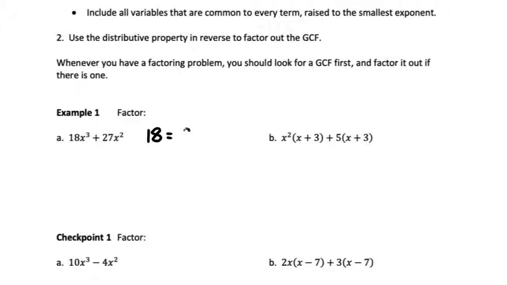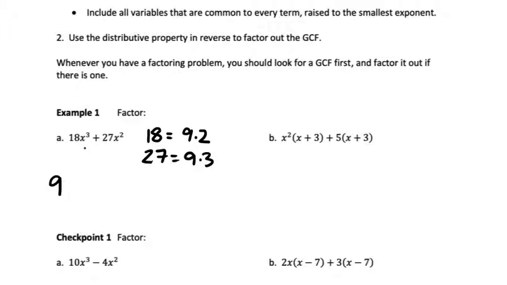Well, I know that 18 is equal to 9 times 2, and I know that 27 is equal to 9 times 3. So 9 is going to be the GCF because 2 and 3 don't have any other factors in common. So I could also factor out a 3. I know that both 18 and 27 can be divided by 3, but that's not the greatest factor that they can be divided by, and so that would give me a wrong answer. So 9 is what I'm going to want to do.